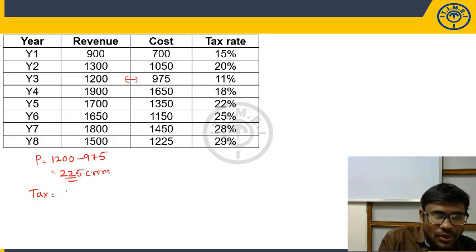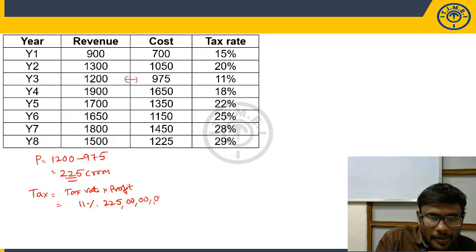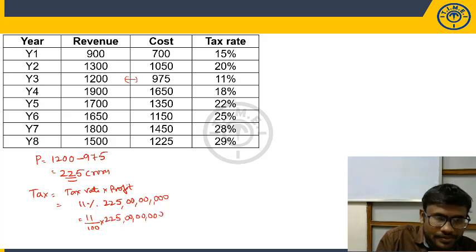Tax is equal to tax rate into profit. So what was your tax rate? Your tax rate was 11%. 11% of 225 crores. Okay, so it is 11 by 100 into 225 crores.